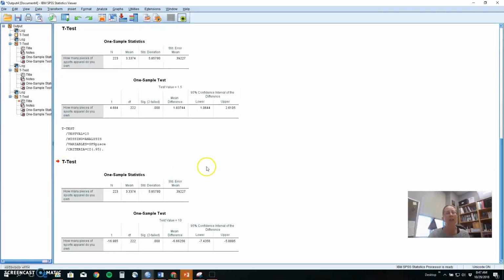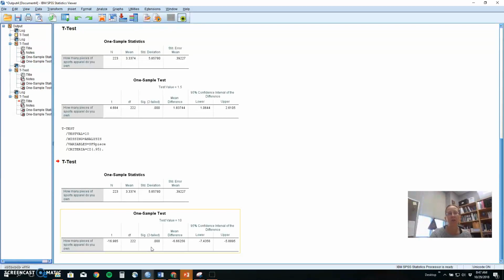So we can see by playing with a couple different numbers how those t-test results might change depending on what that population mean is. Now, again, this is a one sample t-test that is based on a two-tailed hypothesis. We were looking for places where our group might have had more sporting apparel or less sporting apparel than the general population.